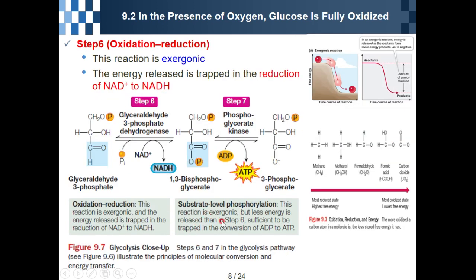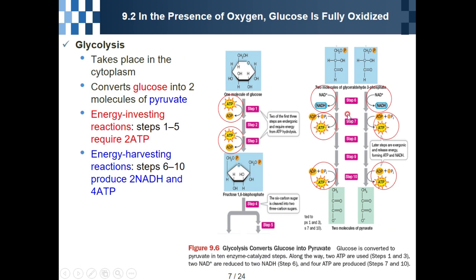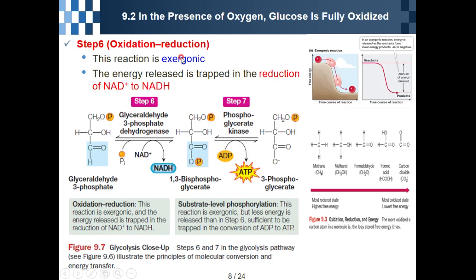Especially, we will learn step 6. This is step 6, starting from glyceraldehyde 3-phosphate. Step 6 means that glyceraldehyde 3-phosphate will become 1,3-bisphosphoglycerate.